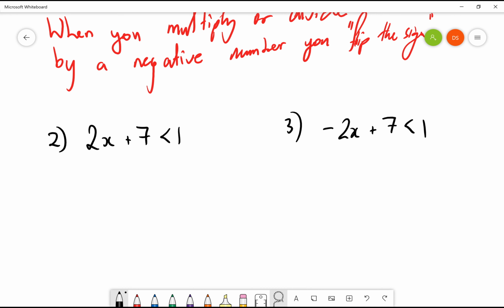Try these two questions and tell me what you get. What happens? What's the sign situation? Do I flip the sign on both of them or not?